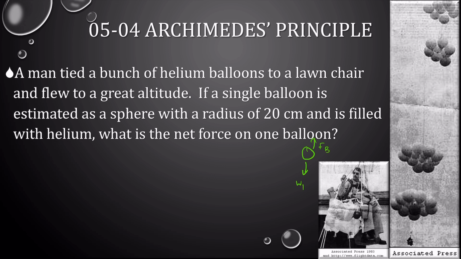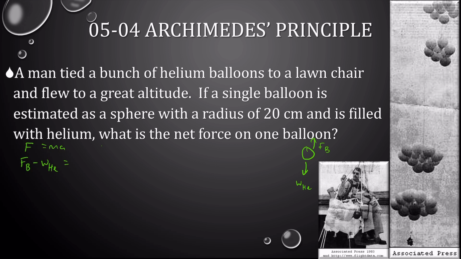Whatever's inside of it is helium. So if I go F equals ma, if I add up the forces, that's the buoyant force up minus the weight of the helium down, and that equals my net force. I don't care about the a yet. Just looking for the net force.